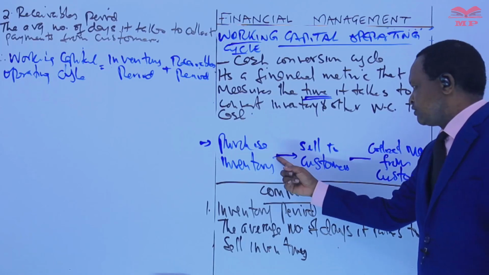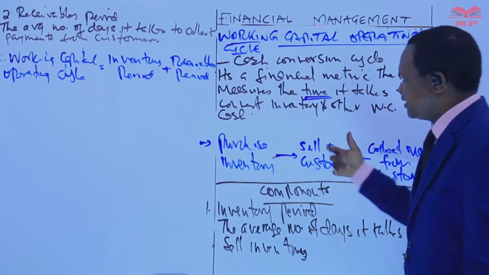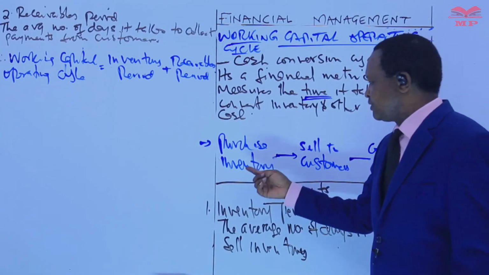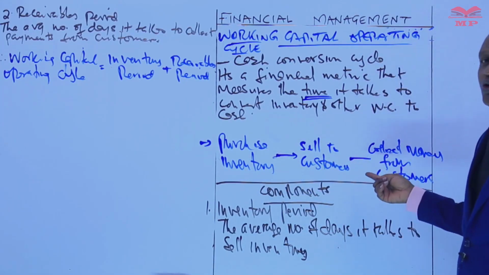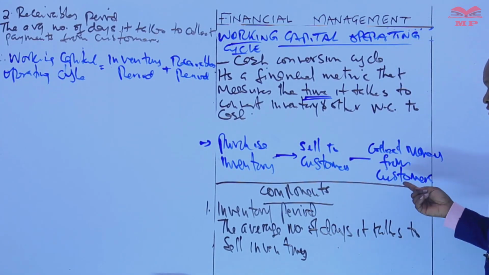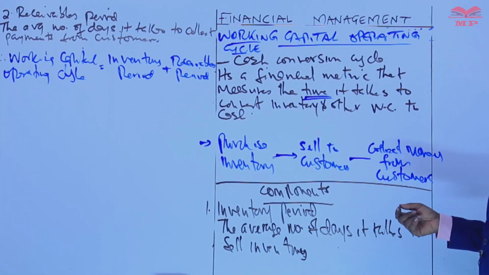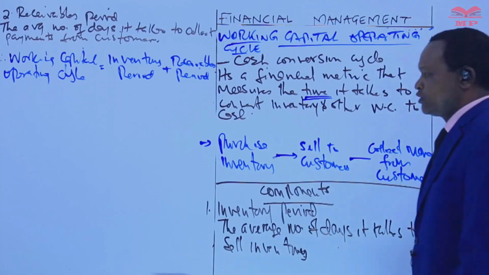Because if you buy goods and sell and you have cash, you buy again in a week and you sell, compare to a company that buys and takes longer. The one that has a shorter working capital cycle is better.